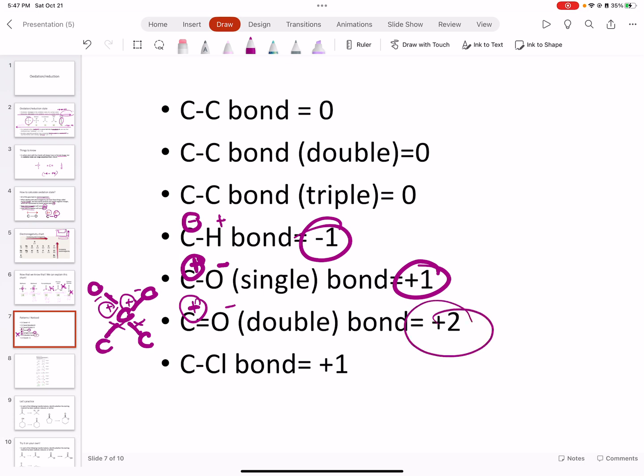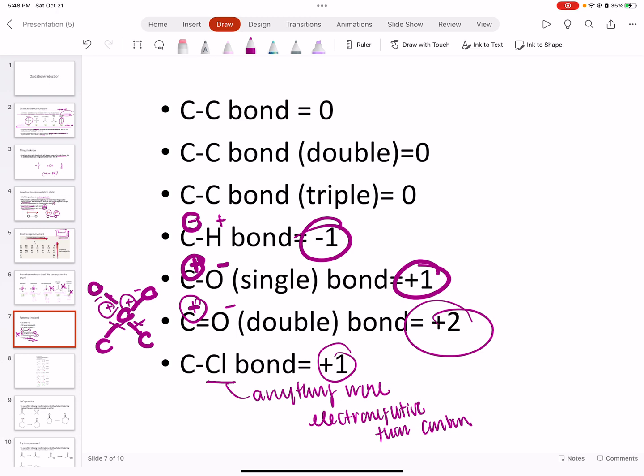And then carbon-chlorine, or anything that's more electronegative than carbon, it's gonna count as +1.